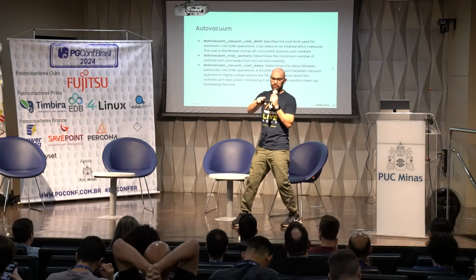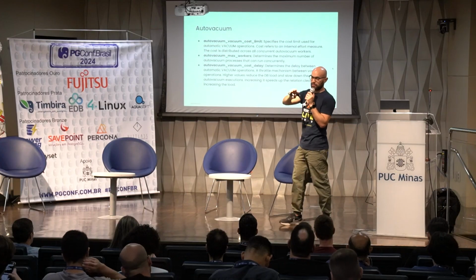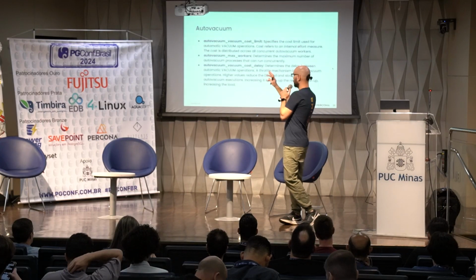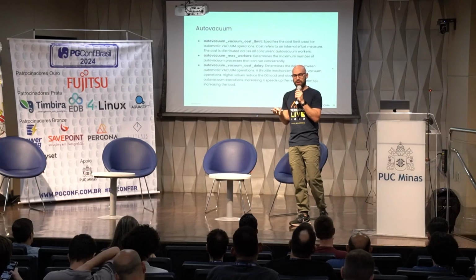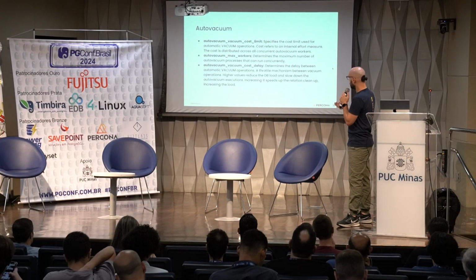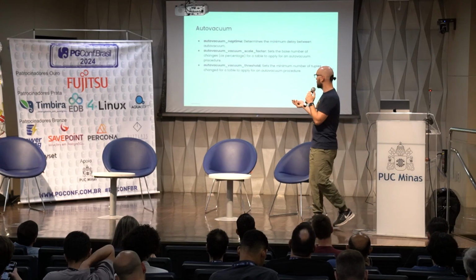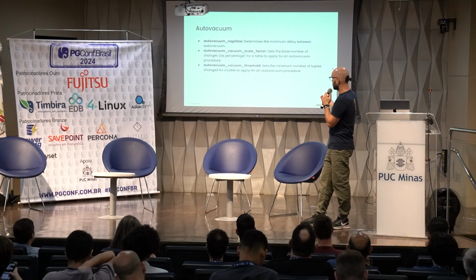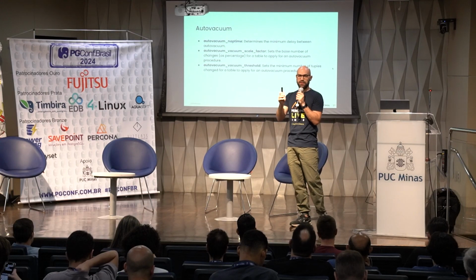So if you're having write workloads with many updates and deletes, you will want to increase the vacuum cost limit so you can pump the autovacuum a bit more. And if you need even more optimization from this, you can tune how fast the autovacuum kicks in for each table.